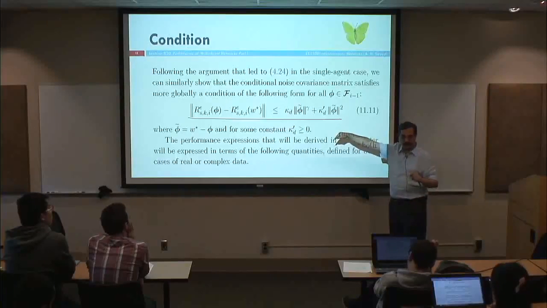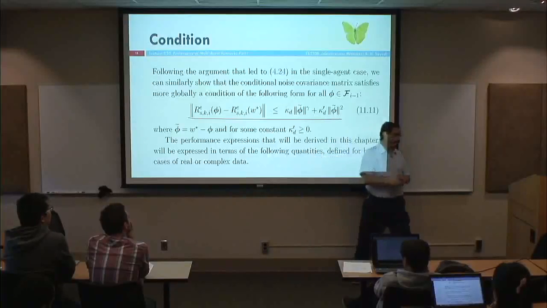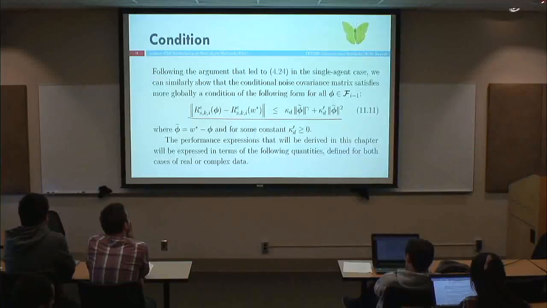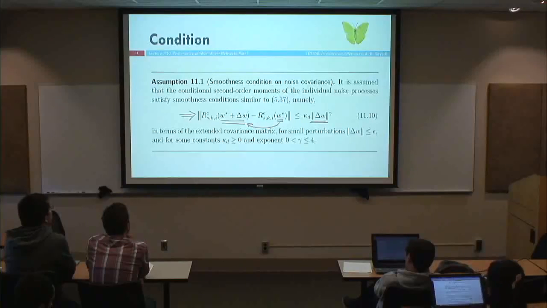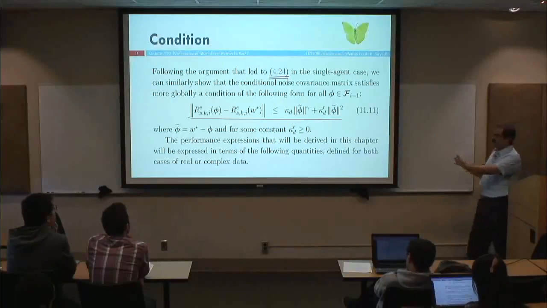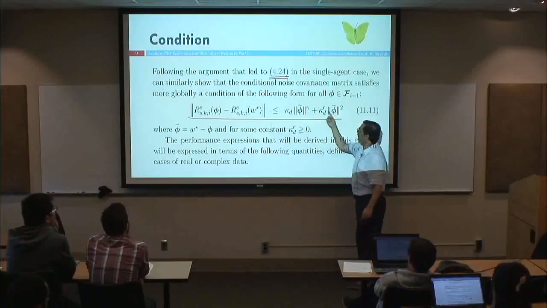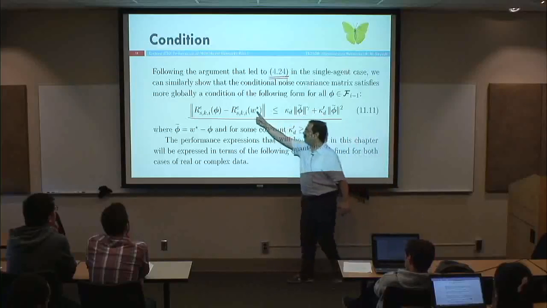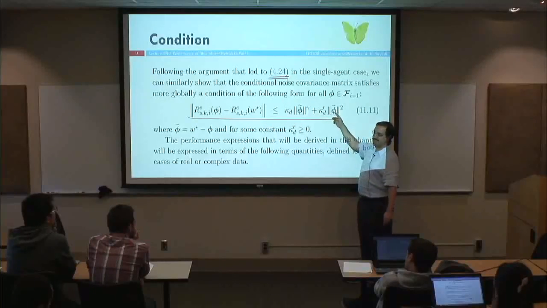The previous condition assumed that if I move from here to there, this is bounded by the norm of delta omega to the power gamma. The argument I used earlier in the single agent case, just repeated, will tell you that actually this difference is bounded not just by a gamma power of the norm of the difference, but also by another term, which is a quadratic term.